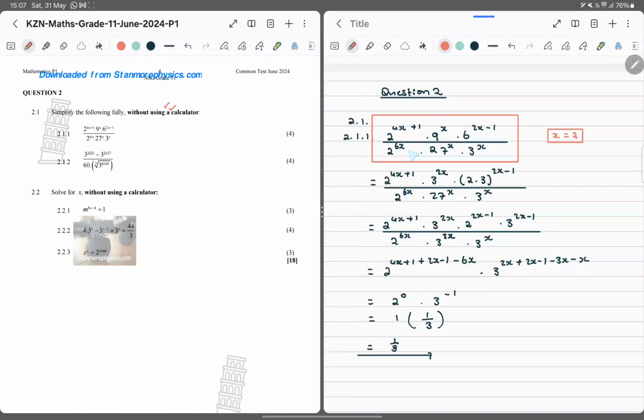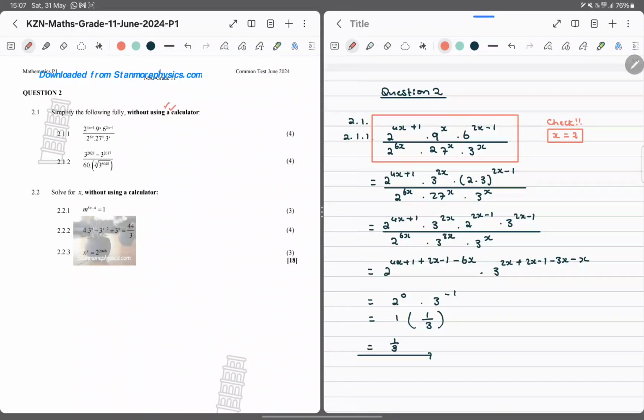All divided by 2 to the 6 into 2, times 27 to the 2, times 3 squared. I'm getting a third, so this means indeed our job is good. So this is the check.